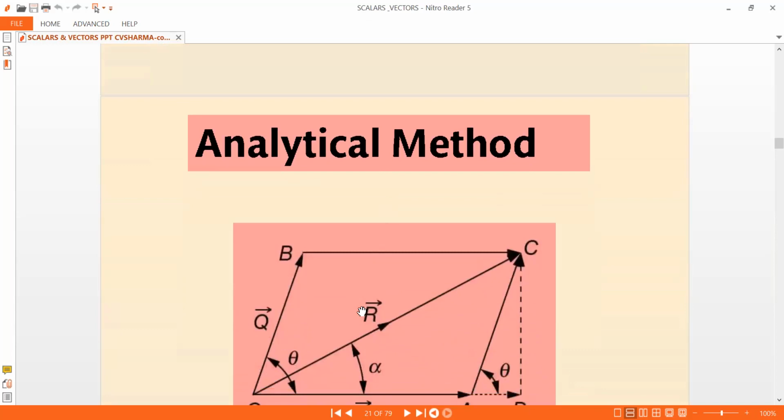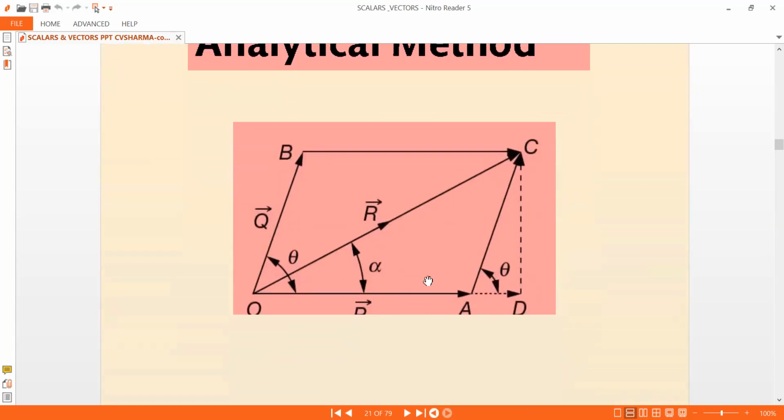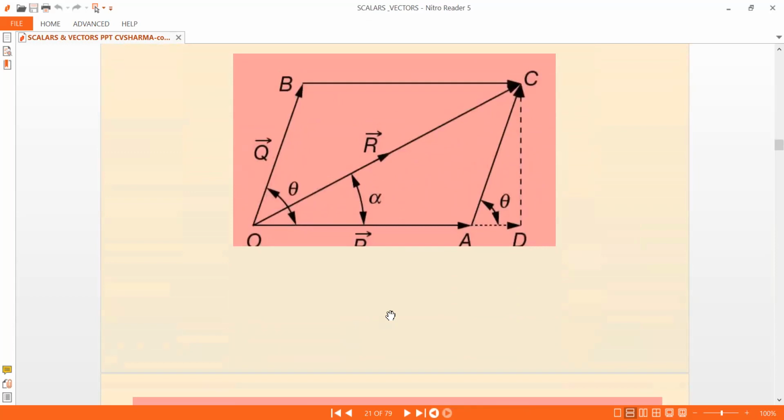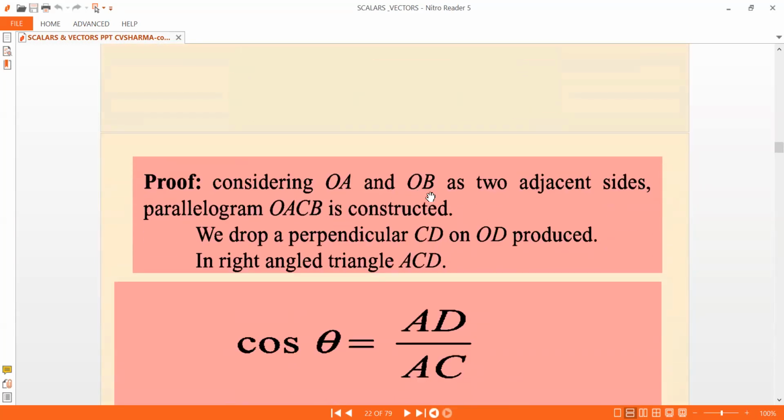Now, what is this analytical method? It is about the magnitude of the resultant. Considering OA and OB as two adjacent sides of a constructed parallelogram, we drop a perpendicular CD and OD produced at right angles of triangle ACD.